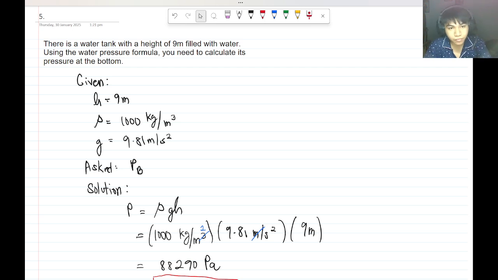It's a bit more advanced with these water pressure problems, but we already tackled it in Thermo 1. So there are more problems in the module. Probably I might solve them. And so should you guys, so that we're prepared, I guess.